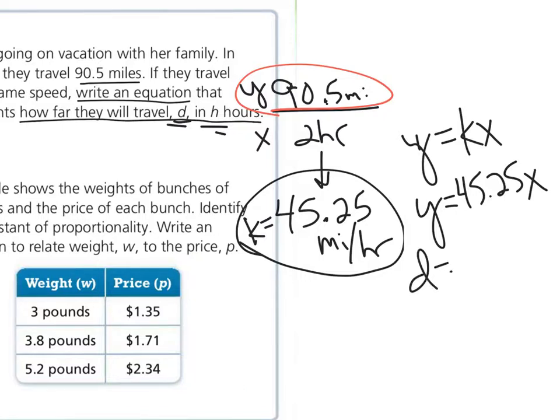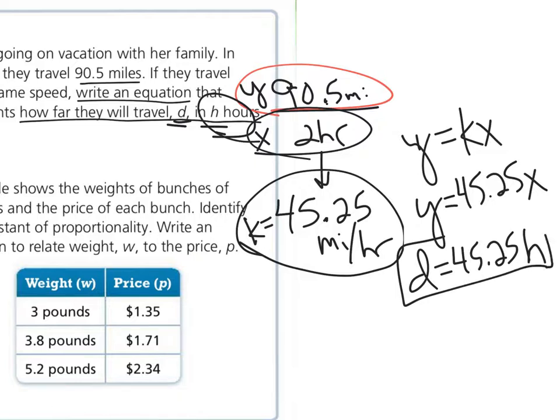We'll put a d instead of a y. And the x was the number of hours, so in place of the x, we'll put an h. So d equals 45.25h would be our equation. Again, same exact idea as what we're doing. It's just different letters that they're wanting us to use here.